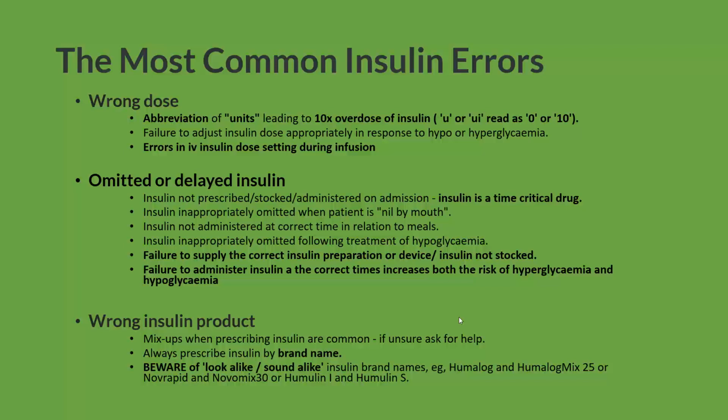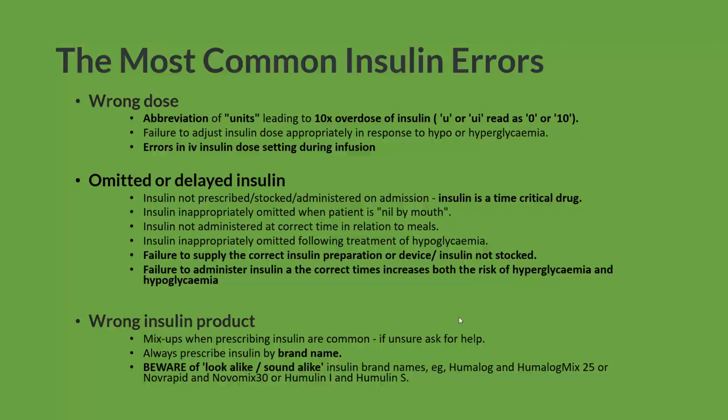We should have prescribed Novorapid in place of Humalog. In some patients, when you say nil by mouth, people sometimes stop insulin as well. You don't need to do that, but you need to adjust the dosage, maybe a lower dose or only the basal insulin.